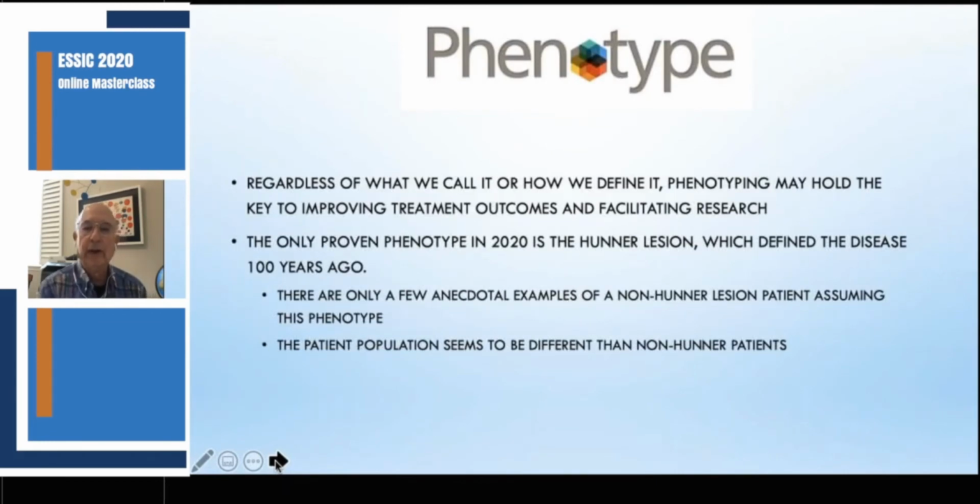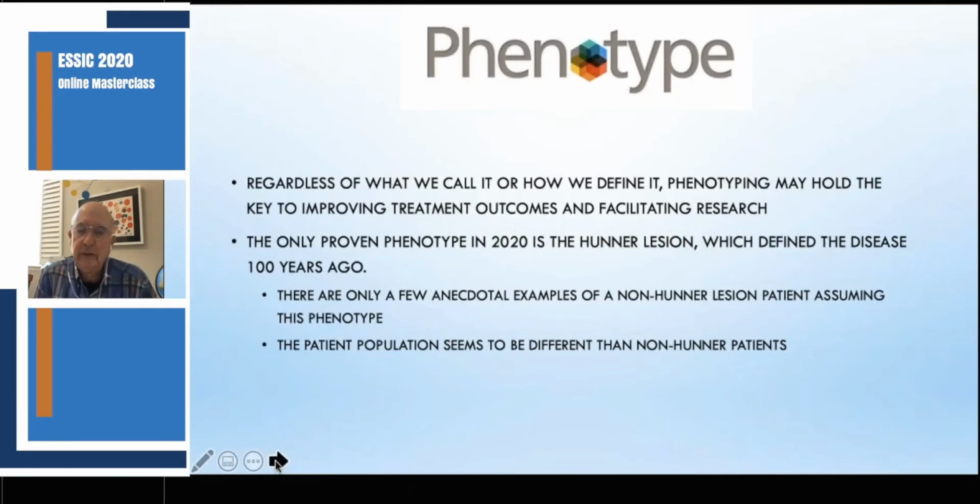Regardless of what we call it or how we define it, phenotyping may hold the key to improving treatment outcomes and facilitating research. The only proven phenotype in 2020 is the Hunner lesion, which defined the disease 100 years ago. There are only a few anecdotal examples of a non-Hunner lesion patient assuming this phenotype.